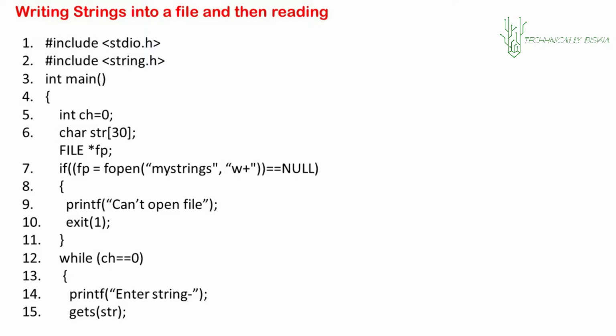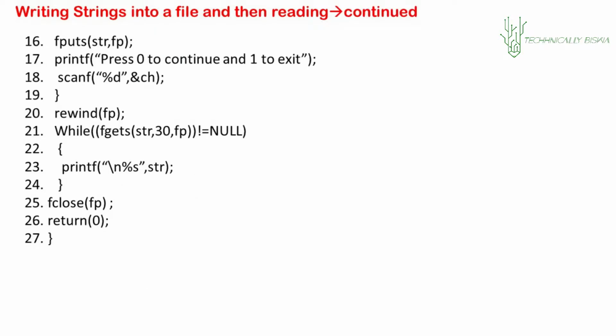Had a look at the program. Okay, this was the program which we discussed. Go through each line, especially the one where I discussed fgets. Once again, while fgets(str, 30, fp) not equal to NULL.